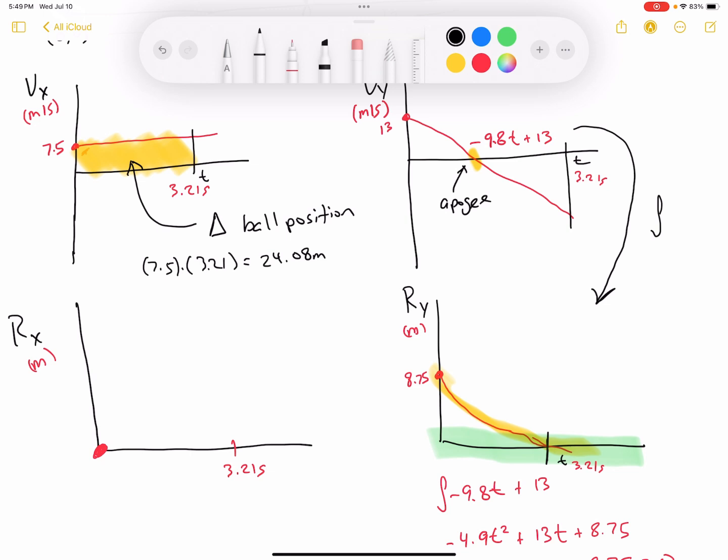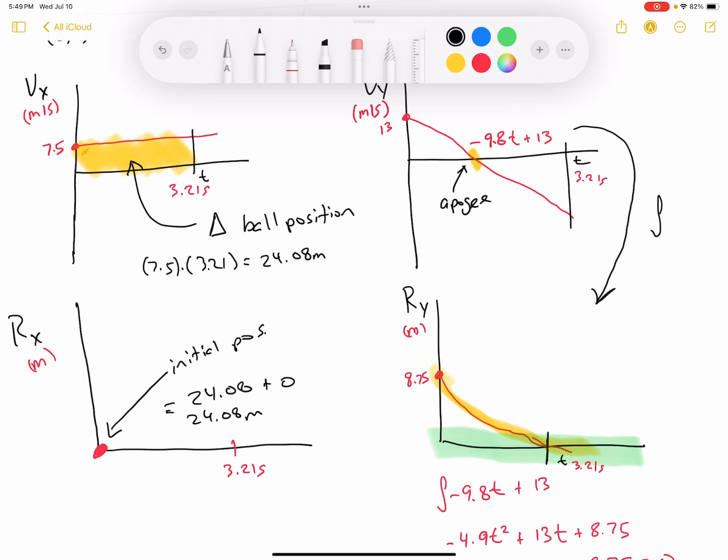So remember, the initial position was actually 0. The ball was actually at 0. So if you take 24.08, which is how much it changed, plus the initial position 0, obviously that means the ball is now 24.08 meters from the origin.